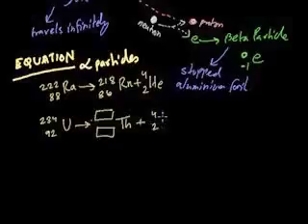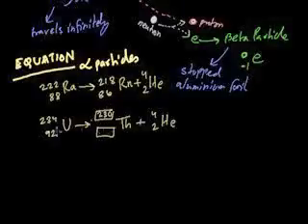So 4, 2, it's a helium. How can we balance it? It's very easy. So this is 234 on one side. This mass number plus 4 has to add up to 234, so this would be 230. And we have 92 protons here. This and the 2 protons have to add up to 92. So this will be 90. So that's it.